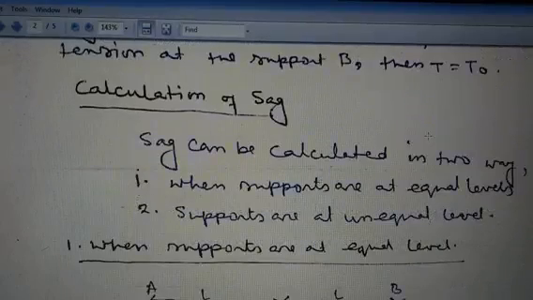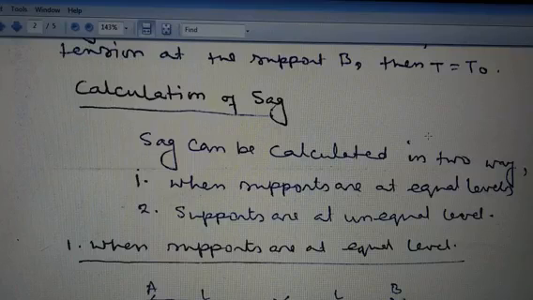Now, the calculation of sag. In an overhead line, the sag should be so adjusted that the tension in the conductor is within a safe limit. So sag is basically always kept within a safe limit.